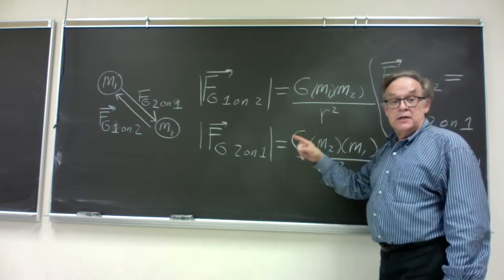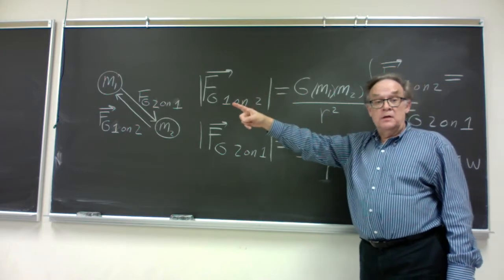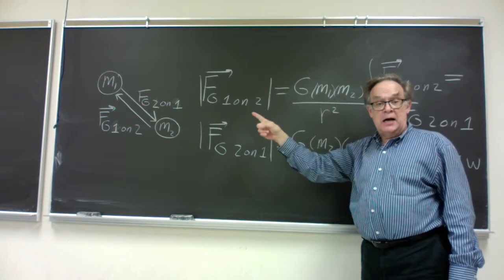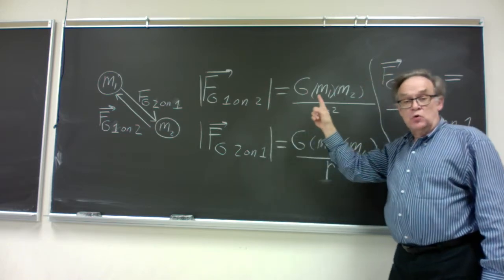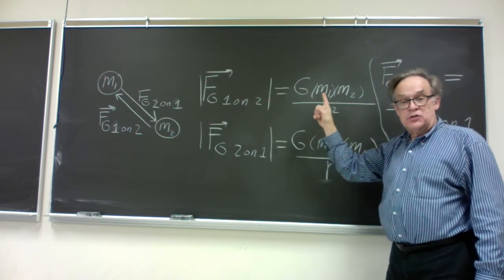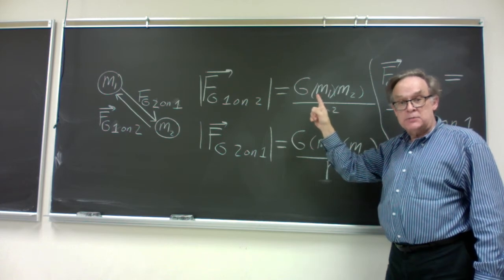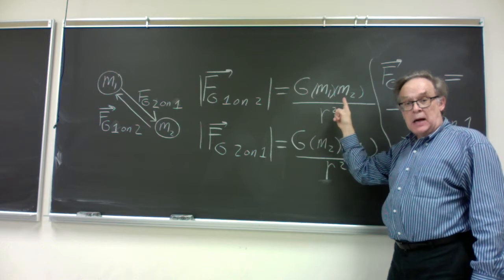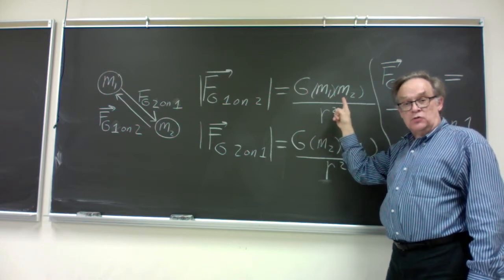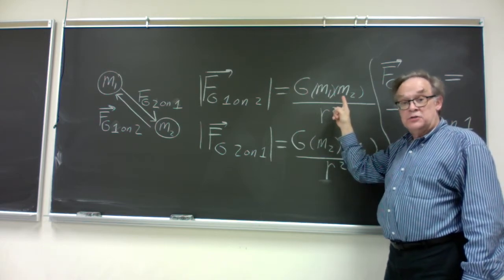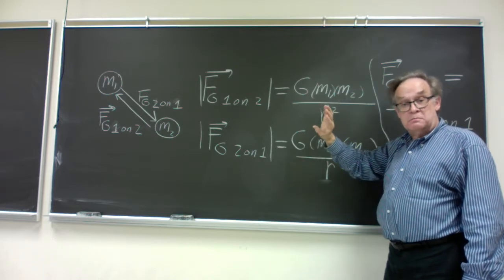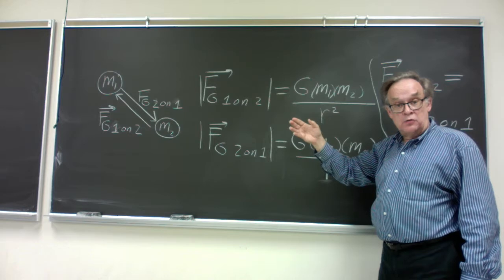Now, the way I write it is that here, thing 1 is the source of the force, and that force acts on 2. So the source of the gravitational force, I put its mass in the first slot, and the thing that's acted upon by the gravitational force, the thing that feels the gravitational force, I put that in the second slot. So let's look at the other force here.